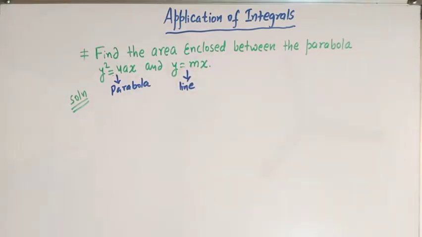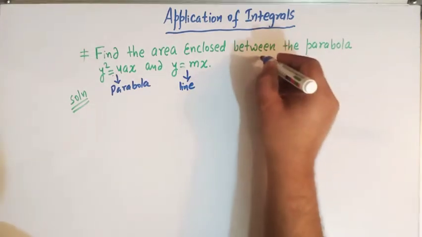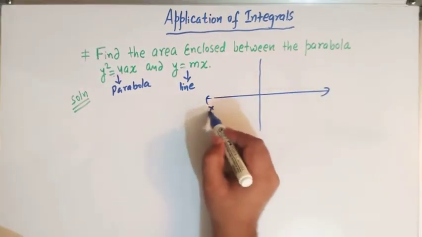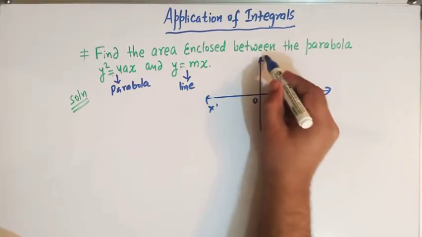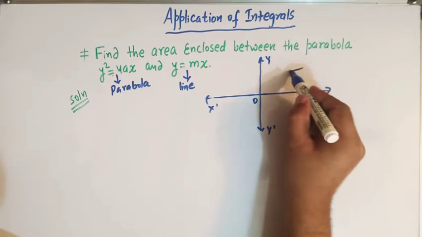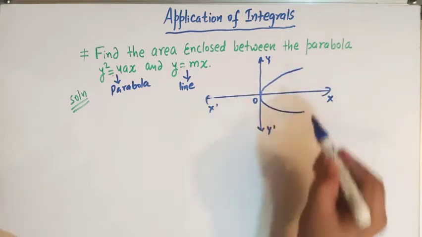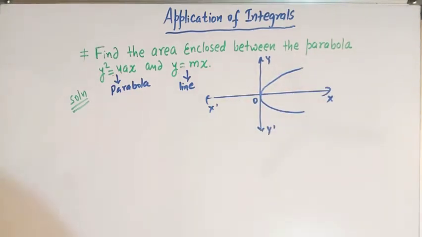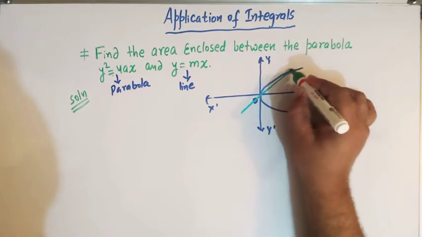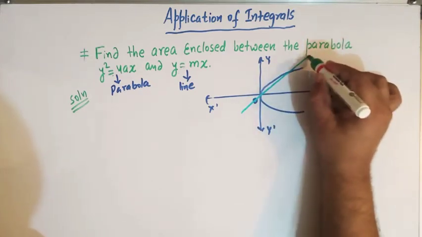passes through the origin. So let us first draw a rough sketch of these curves. See, this is the parabola and the line can be drawn like this which passes through the origin, right?